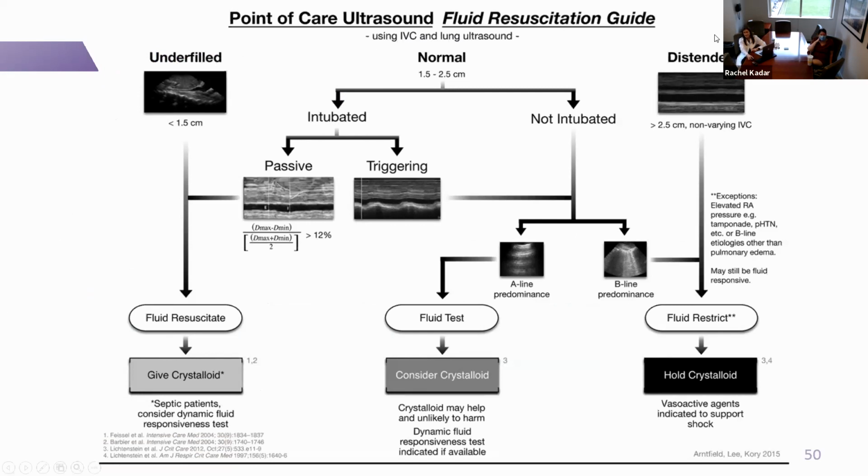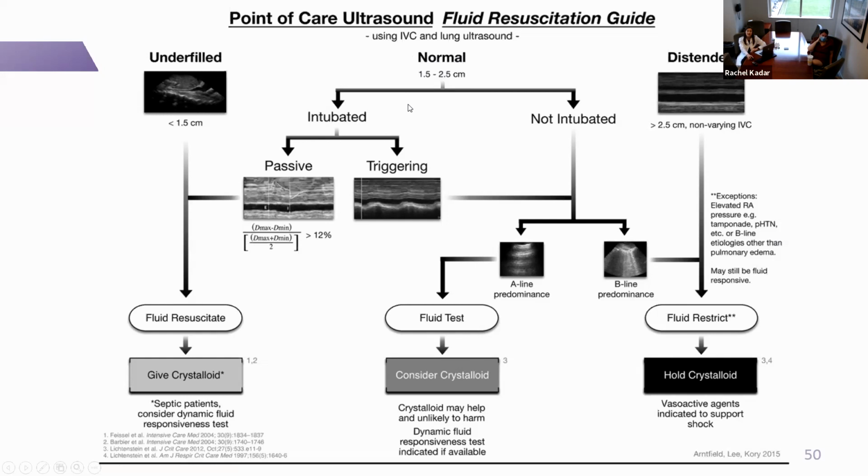On the other end, if the IVC is distended greater than 2.5 and it's non-varying, you can fluid restrict. Maybe it's time to move on to your vasoactive agents. But it's also important to note that this patient could still be fluid responsive in certain scenarios, particularly tamponade, pulmonary hypertension. If you're in this normal range, this is where we might start talking about IVC collapsibility versus distensibility.